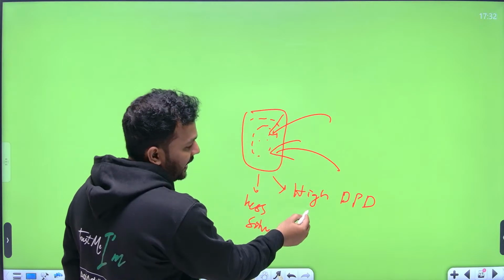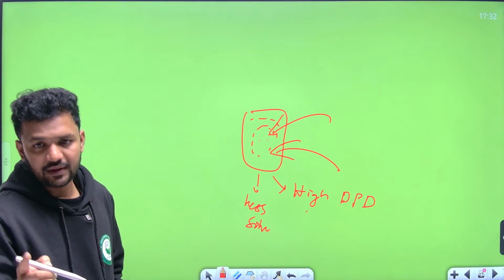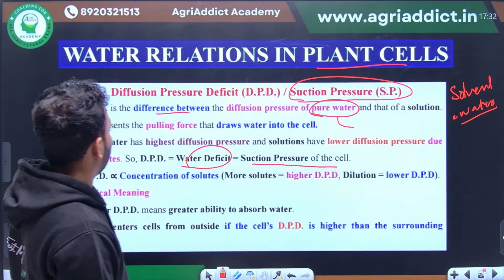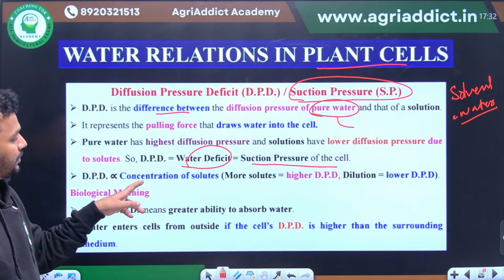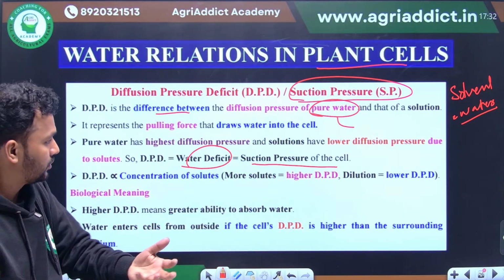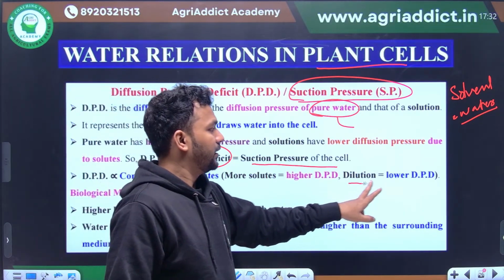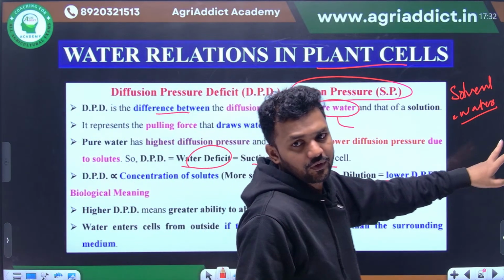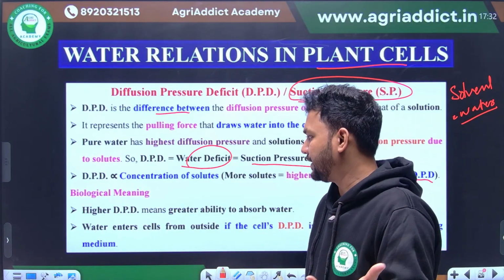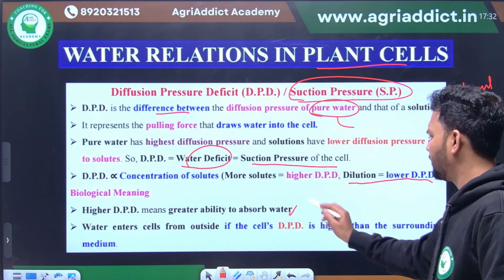So high solute means high DPD, and high DPD means less solvent. So DPD is directly proportional to the concentration of solute. If solute is more, DPD will be more. And if we dilute the solution, solute concentration will decrease, hence the DPD will also decrease.